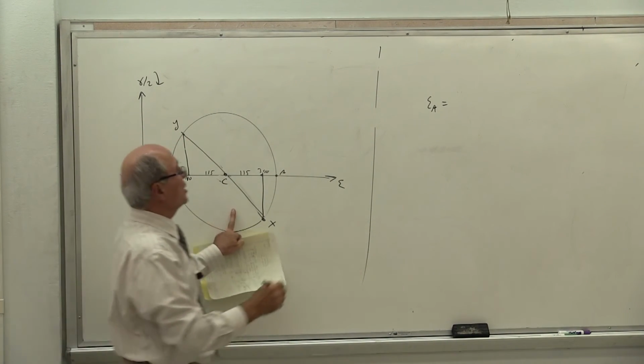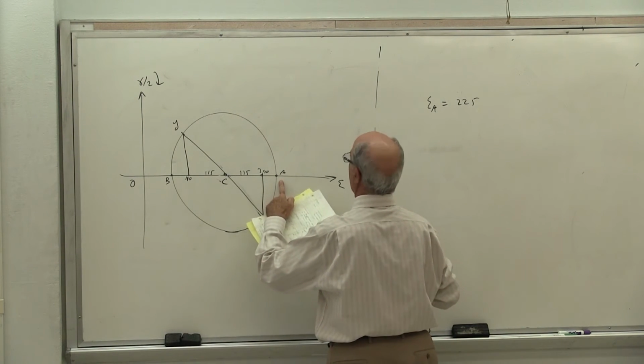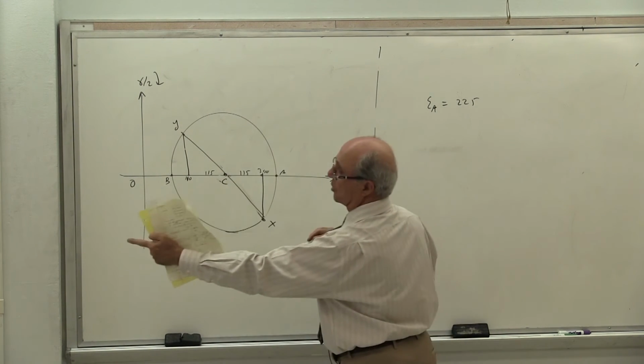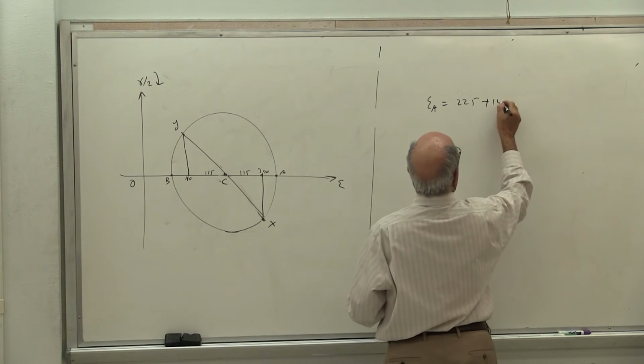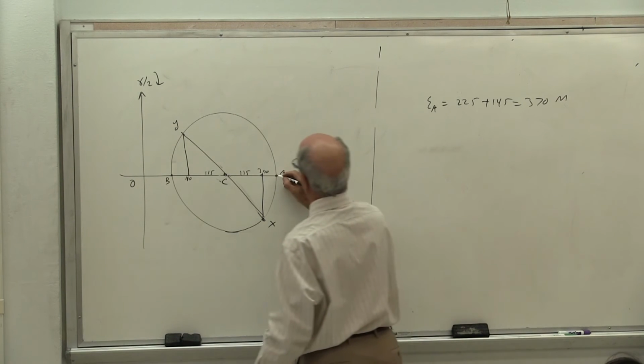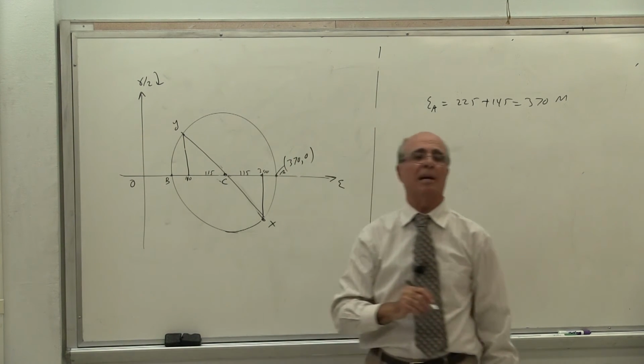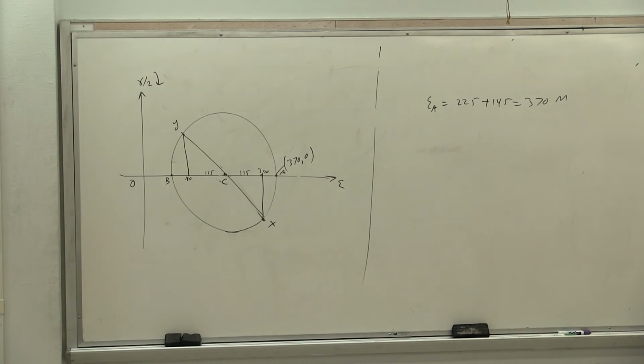OC is the average, which is 225, plus CA, which is the radius. The radius was 145, plus 145, so it becomes 370 macro. So this one gets 370 macro and 0 because gamma is 0. Is that correct or not? Yes? Exactly like the circle for a strain.